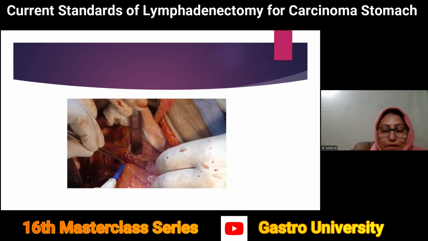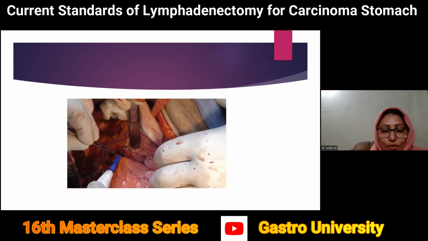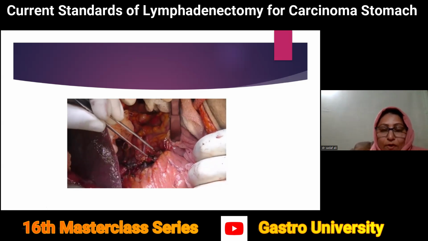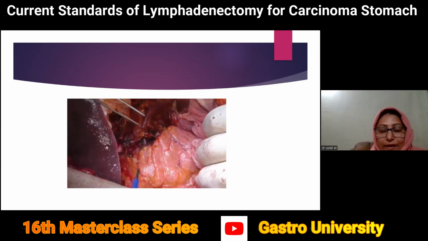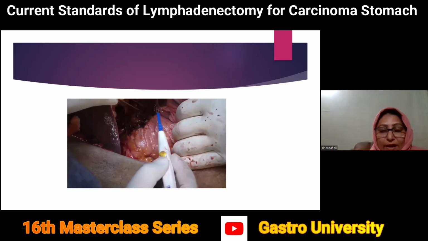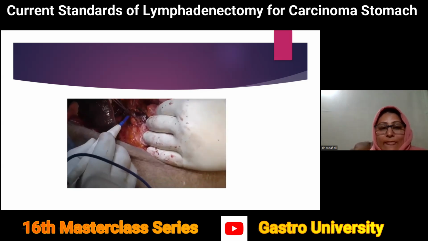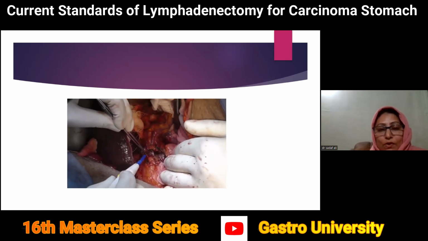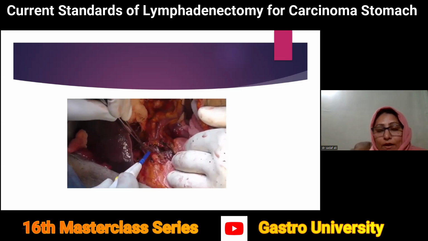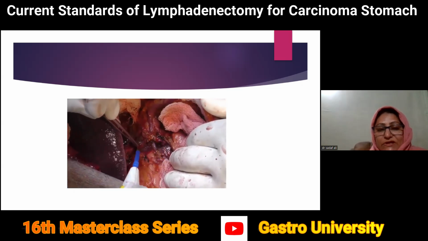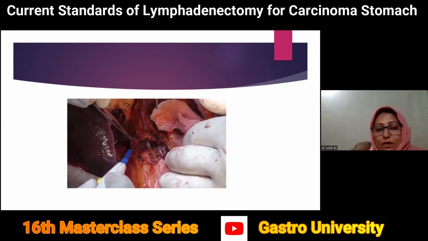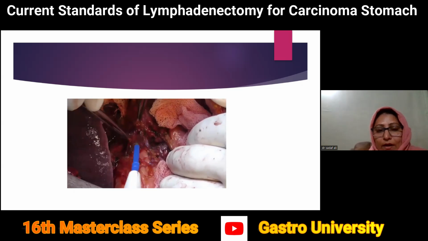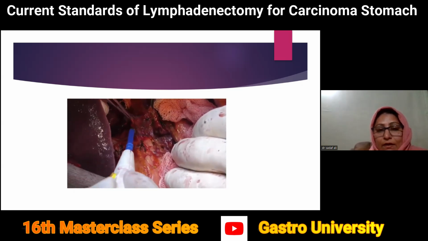Here it's very important that you meticulously use your energy devices. If you are a beginner and are likely to have a fire or pass-point injury, then this kind of electrocautery may not be recommended. It would be good to use bipolar energy sources, which can be more focused and cause less collateral injuries.